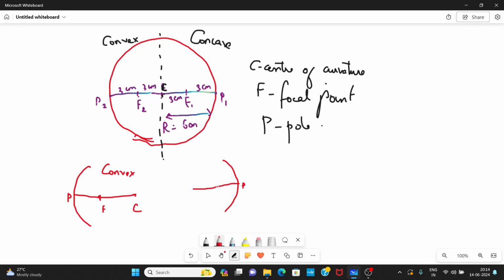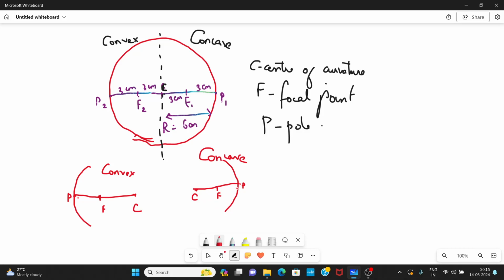This is your pole, this is your focal point, this is the center of curvature. In other words, pole is nothing but the surface where your light hits the mirror. Always the pole is at the surface of your mirror. See here, both in concave and convex, the pole is at the surface of the mirror.